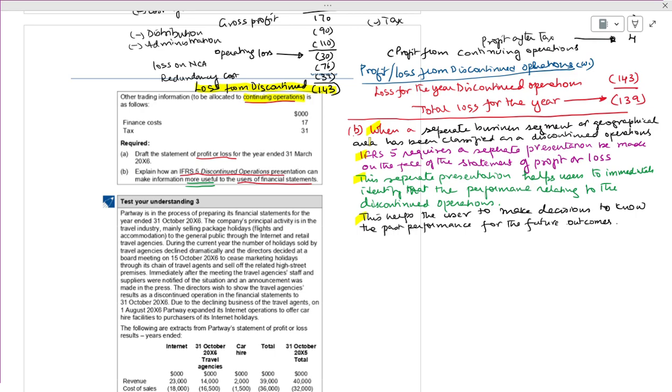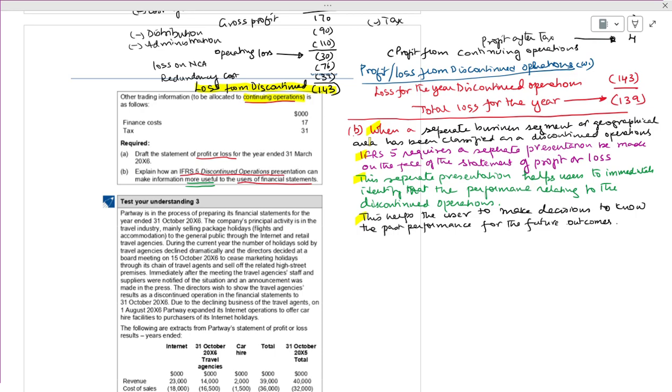Are you clear about this? Can you read them again, Doctor? I'm reading from the beginning. When a separate business segment or geographical area has been classified as a discontinued operation, first point.